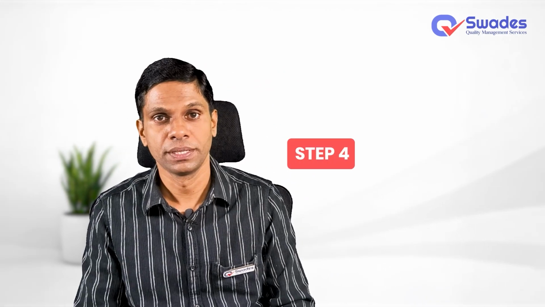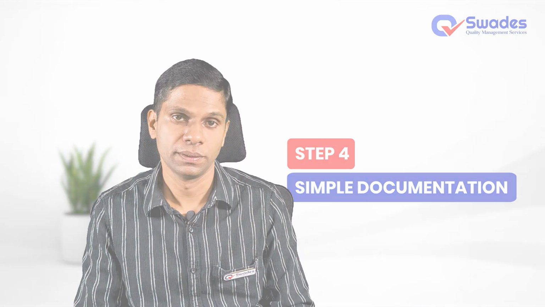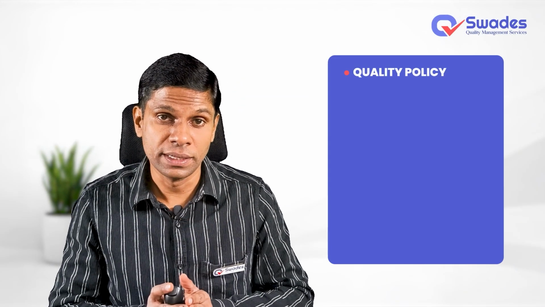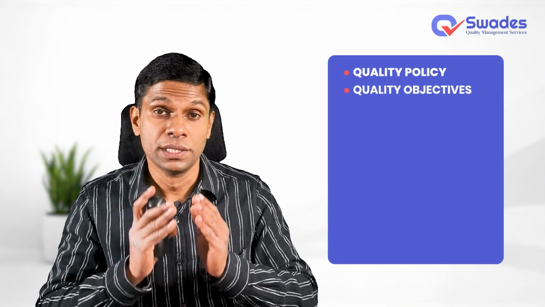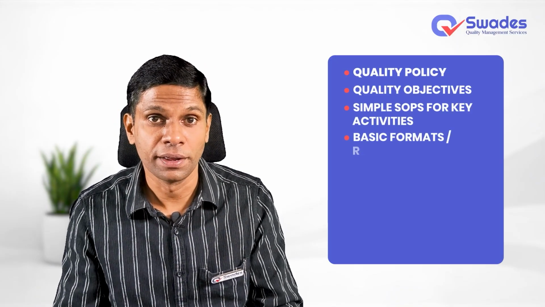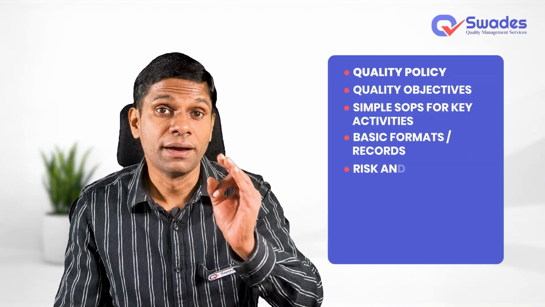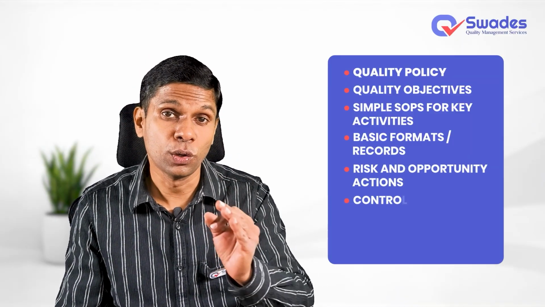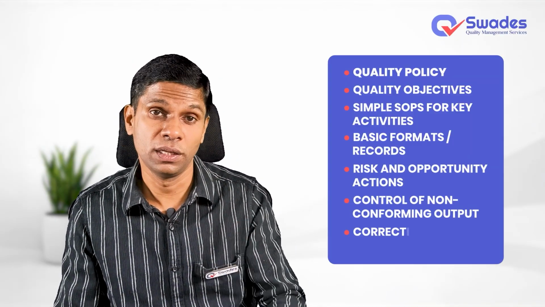Step 4. Simple documentation. Now documentation. But remember this, documentation is a tool, not the goal. ISO does not want 200 pages. ISO wants clarity. Create only practical documents: quality policy, quality objectives, simple SOPs for key activities, basic formats, records, risk and opportunity actions, control of non-conforming output, corrective action process.